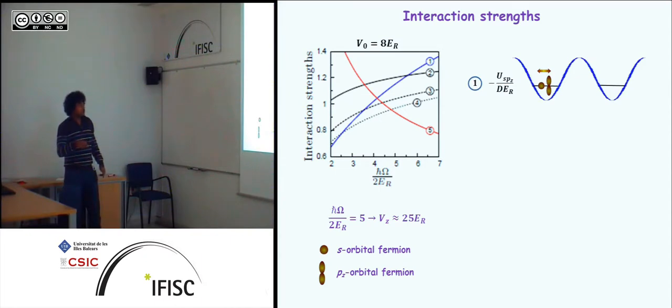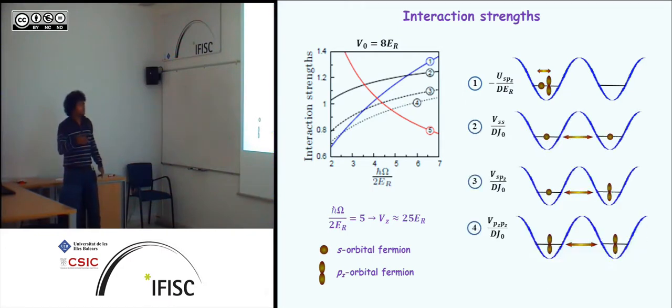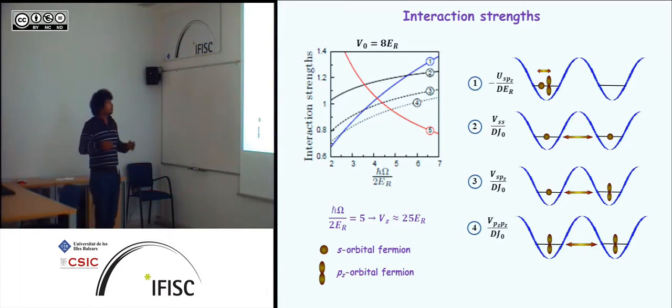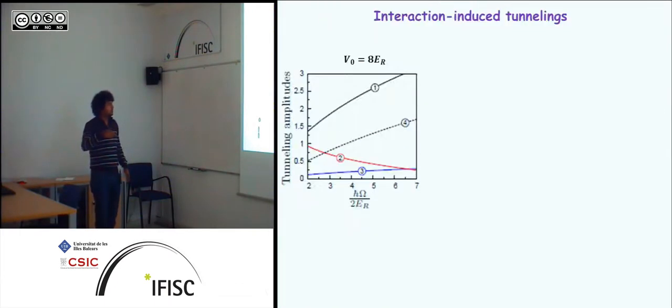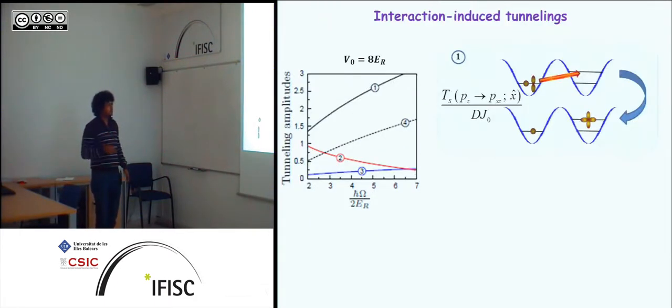It is the on-site interaction, with two particles on the same site, one in the S orbital and another in the PZ orbital, as I called it here, and this is attractive; there is a negative sign here. These other curves, 2, 3, 4, are the nearest neighbor interactions between different species, meaning the different S orbital or PZ orbital. So the important point is just this one, that this is very strong and this can be attractive.